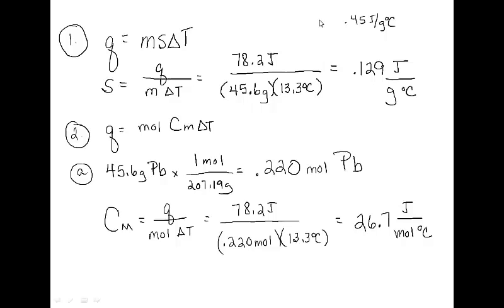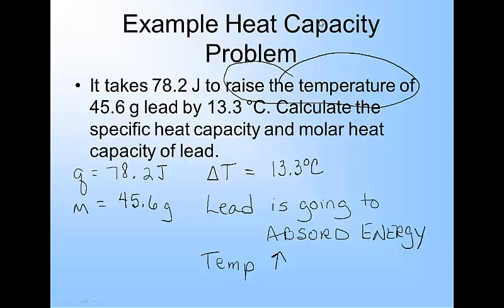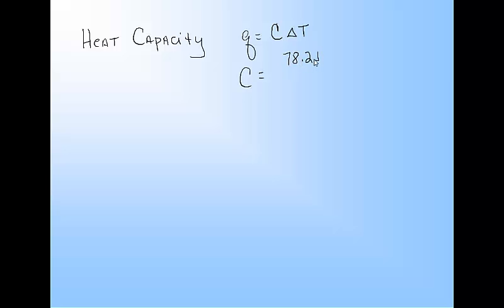Right, now let's see. You're not asking for heat capacity, but I want to just show you a little trick. Heat capacity. Alright, so I'm going to calculate it even though they didn't ask me for it. Again, this is the computation, so we'd find C, and Q of course is 78.2 joules and 13.3 degrees Celsius.